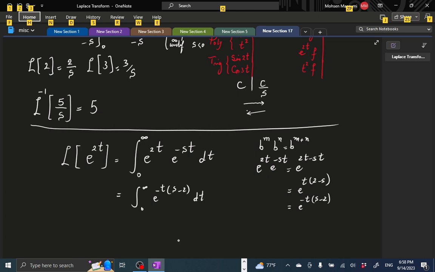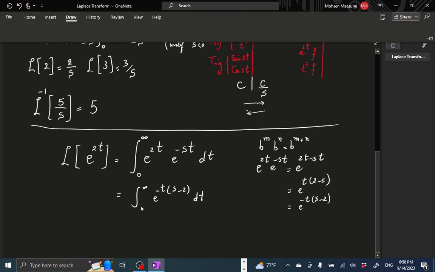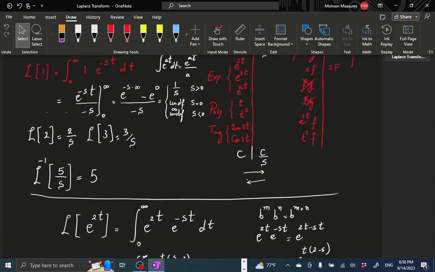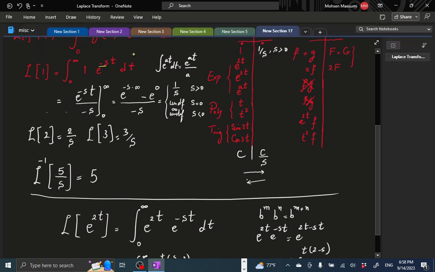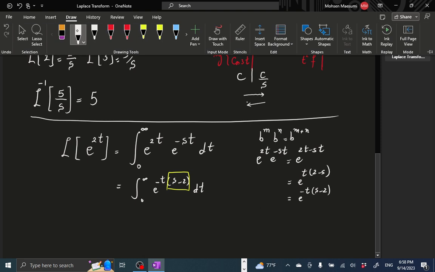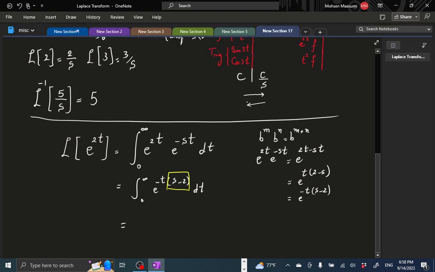Well, this is exactly like the integral we just did, except that instead of s, I have s minus 2. So I can either copy that result or just apply the similar approach. I can integrate this thing, exponential of minus t times s minus 2.